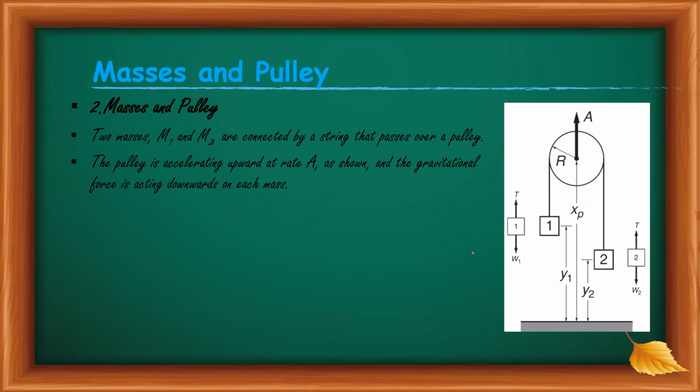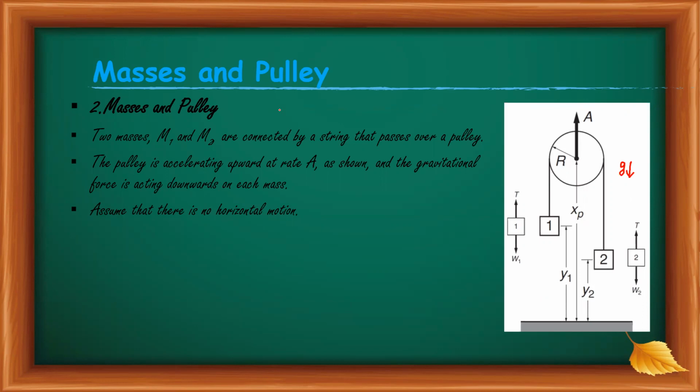So there must be acceleration g downwards. Okay, and here we assume that there is no horizontal motion. Here we only consider the vertical motions.